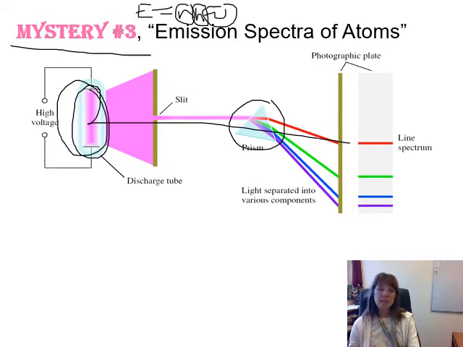So if this one is hydrogen, there's hydrogen gas in here, and then electricity is hooked up to a high voltage, and we'll play with these this semester. That light is given off of a certain color, and when you pass it through a prism, you get these 4 main lines. Now, you might see some hydrogen spectra that has more lines, but these are the main lines. When I say main, they're the brightest, the most common, that type of thing.